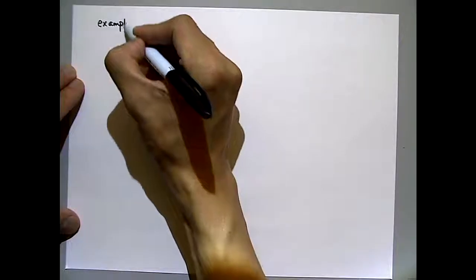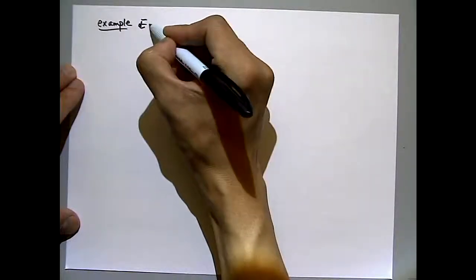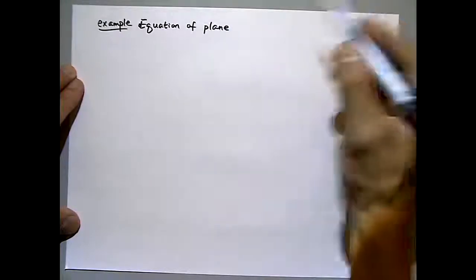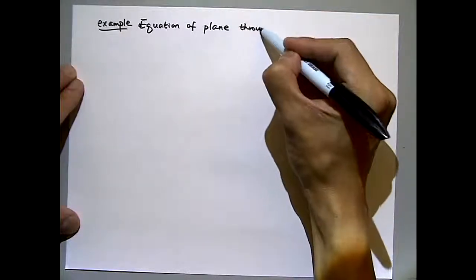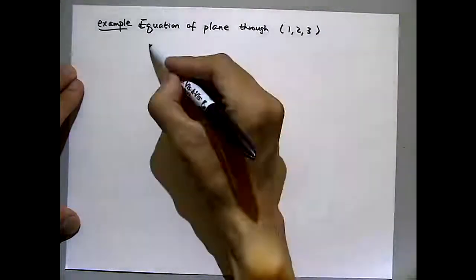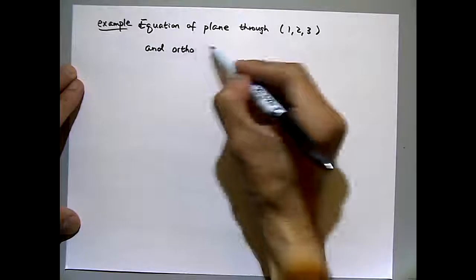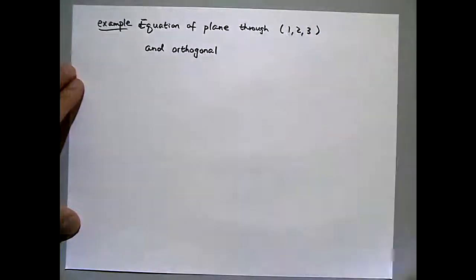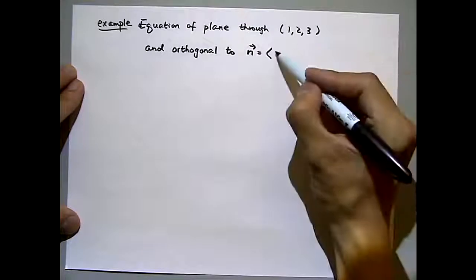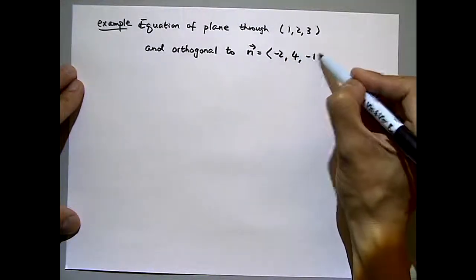All right, so one example with this stuff. Find the equation of the plane through the point 1, 2, 3 and orthogonal, which means perpendicular, to the vector minus 2, 4, minus 1.